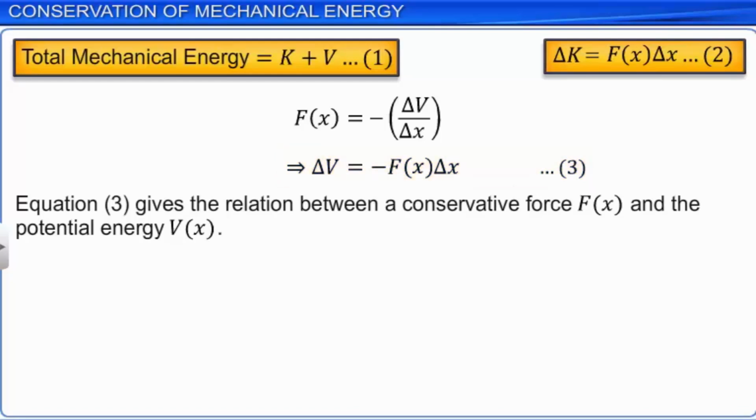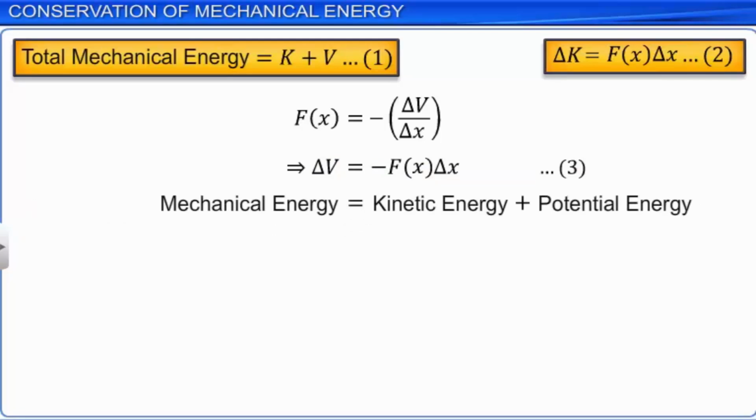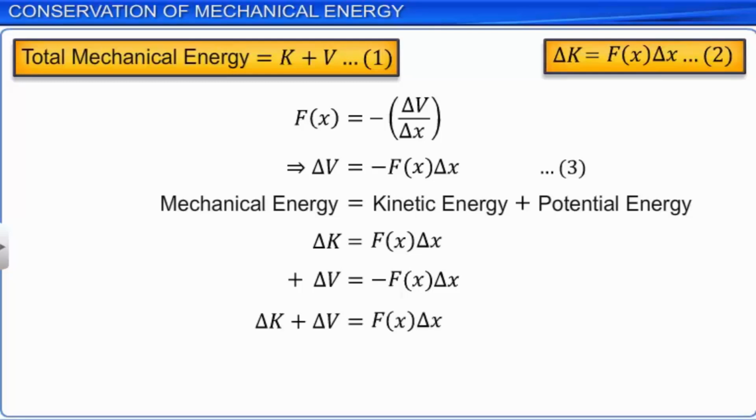We know that mechanical energy is the sum of kinetic energy and potential energy of a system. So, by adding equation 2, delta K is equal to F of x into delta x, and equation 3, delta V is equal to minus F of x delta x, we get delta K plus delta V is equal to F of x delta x minus F of x delta x.